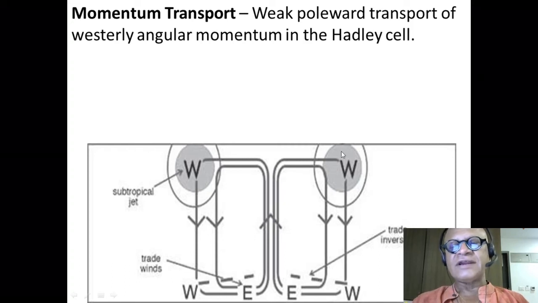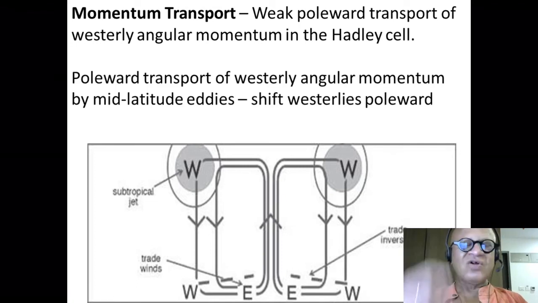And I have said already that the termination of the Hadley cell is not completely understood. The argument could be that this is where the baroclinic instability starts in terms of the angular momentum breaking down, but the subtropical jet stream that exists here is not exactly at the termination of the Hadley cell. There are all kinds of details which we have skipped in this introductory course because many of them cannot be done without going through the equations.